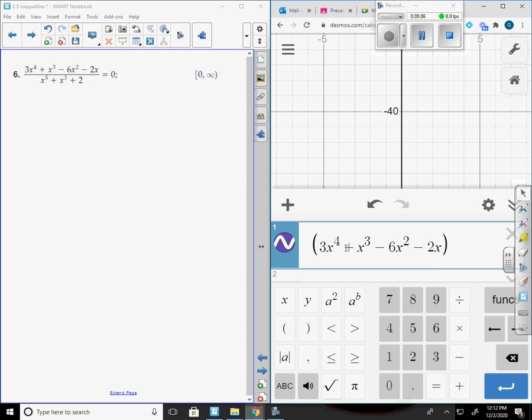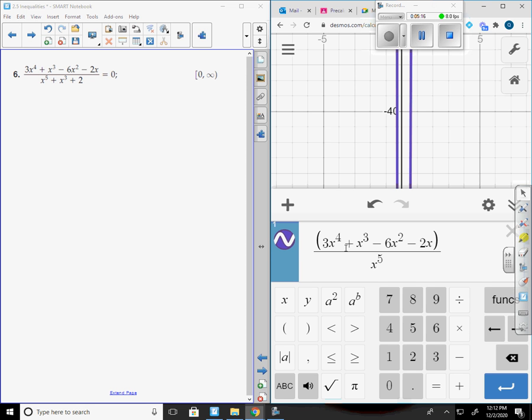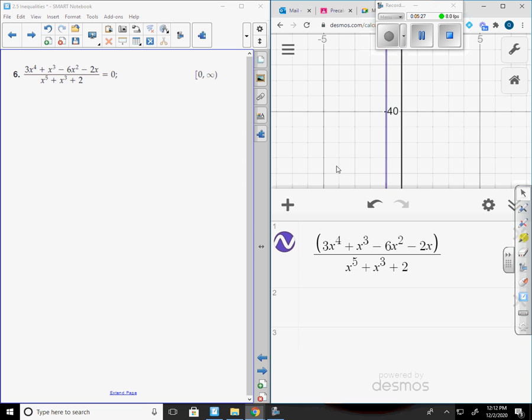Go outside of the parentheses, do the division sign. You'll see that everything that's in the top is where it needs to be. X to the fifth plus x to the third plus 2. Now I have my graph.